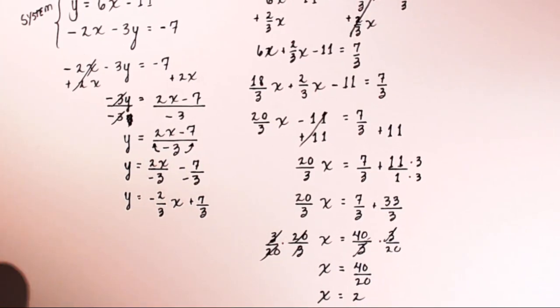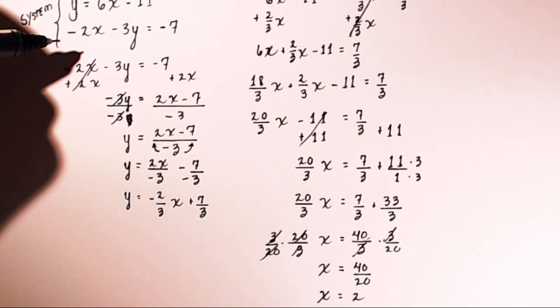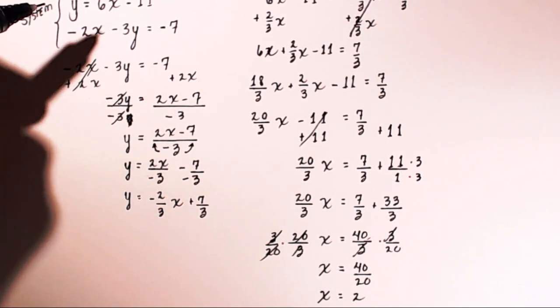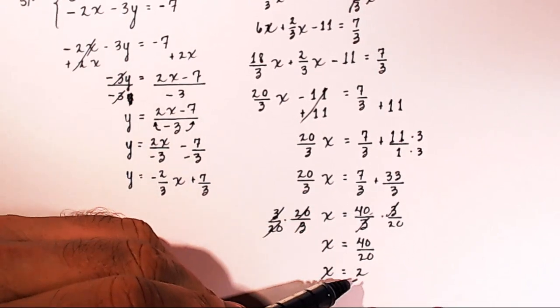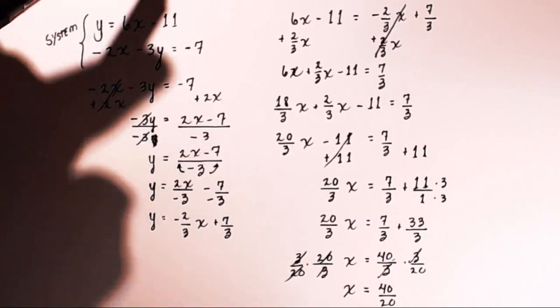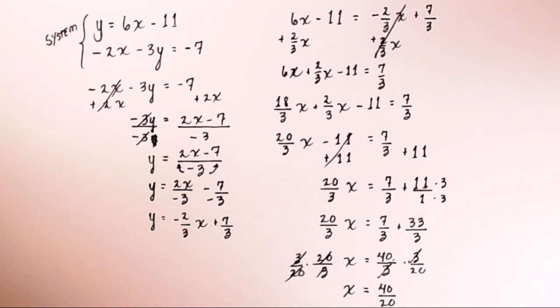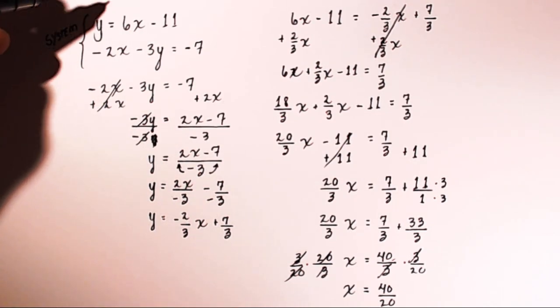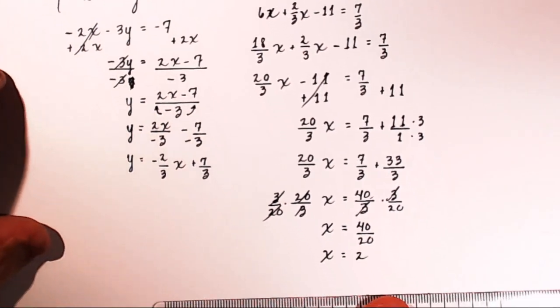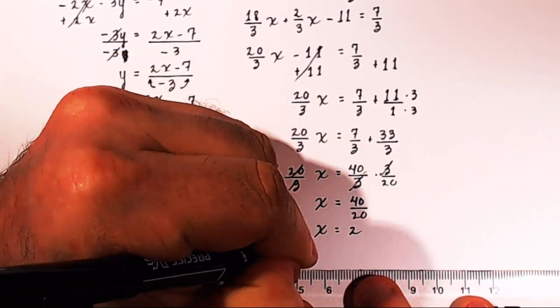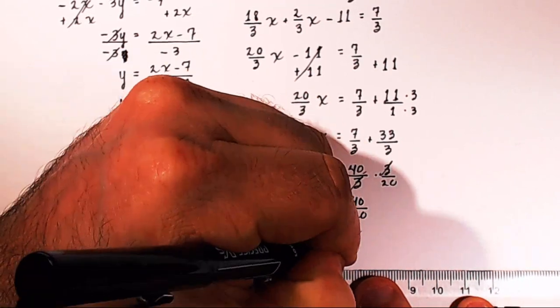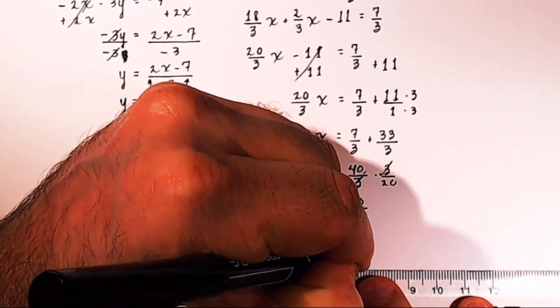Well, now my job is quite simple. I just need to plug 2 everywhere I see an x in my original equation. I'm going to substitute that 2 value for the x. So we'll do that. Over here, remember, y equals 6x minus 11.